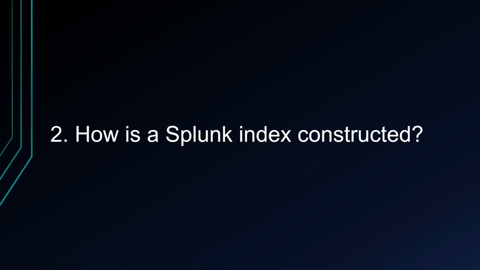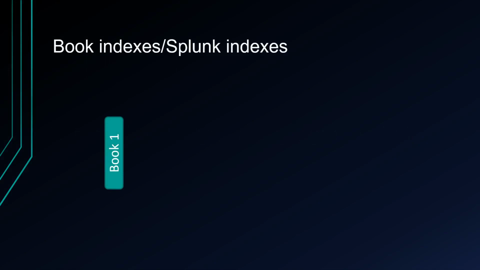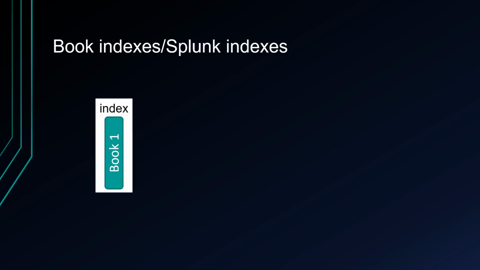So how is the Splunk index constructed? Well, we'll go back to our book index comparison. Let's say that you have one book and you have an index covering all of the important items within that book and where those items can be found.